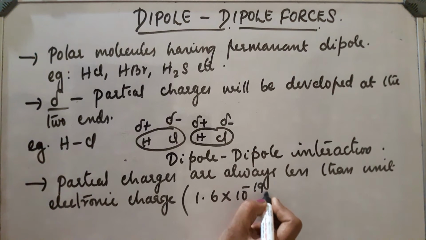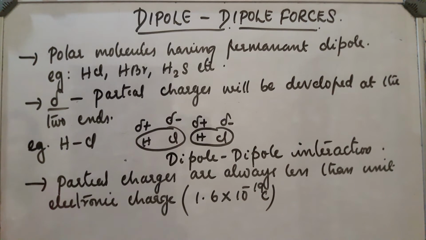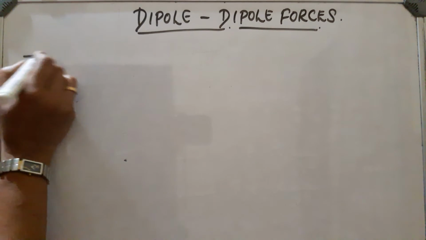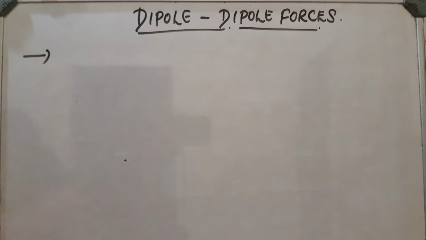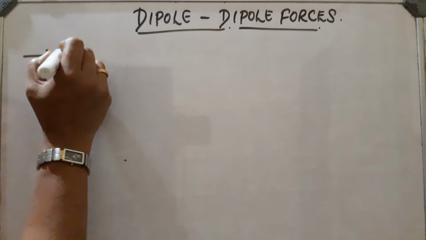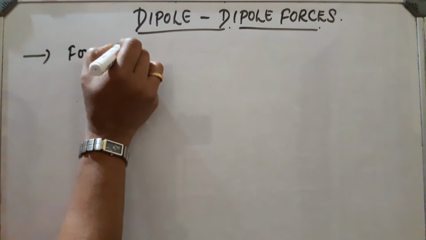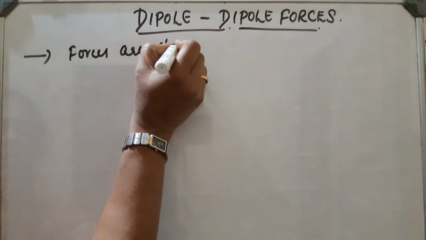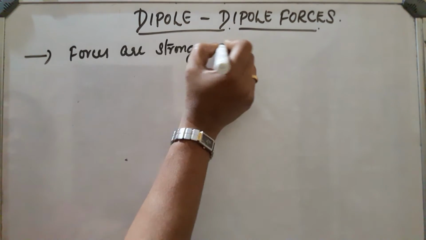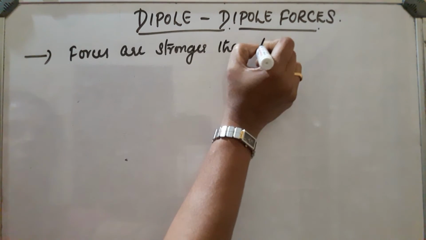So this partial charge will always be less than the unit electronic charge. Next, these forces are stronger than dispersion forces or London forces.